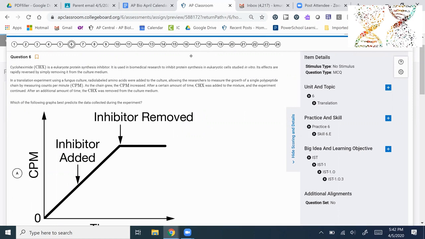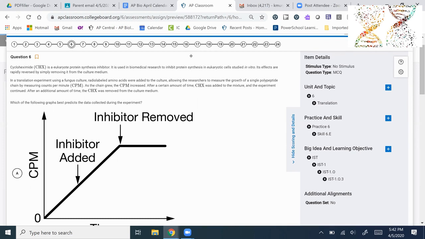Cycloheximide is a eukaryotic protein synthesis inhibitor. It is used in biomedical research to inhibit protein synthesis in eukaryotic cells studied in vitro, so like in the lab. Its effects are rapidly reversed by simply removing it from the culture medium. In a translation experiment using fungus culture, radio-labeled amino acids were added to the culture, allowing the researchers to measure the growth of a single polypeptide chain.